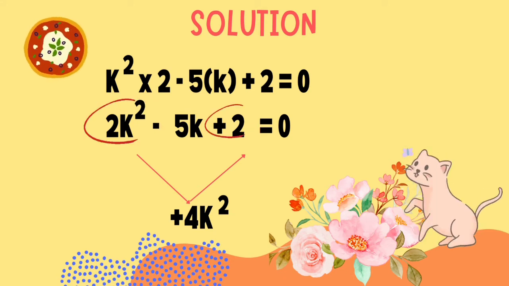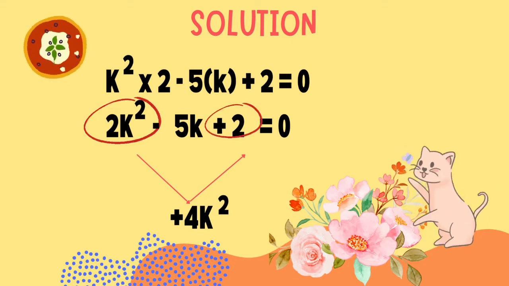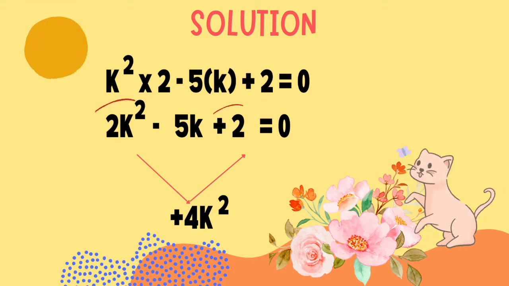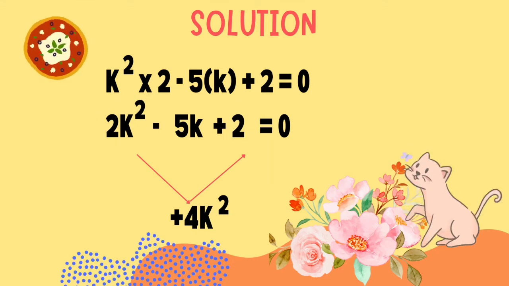To factorize a quadratic equation, you multiply the first term by the last term of the expression. And so you have 2k squared times plus 2, giving you plus 4k squared. Having multiplied the first term with the last term, you look for two factors or two numbers which you will multiply.